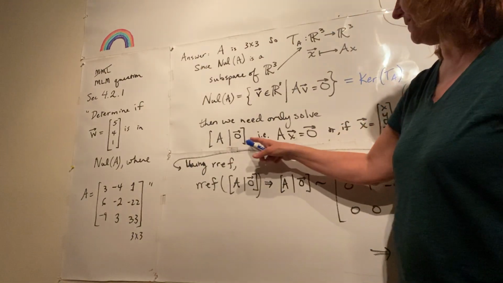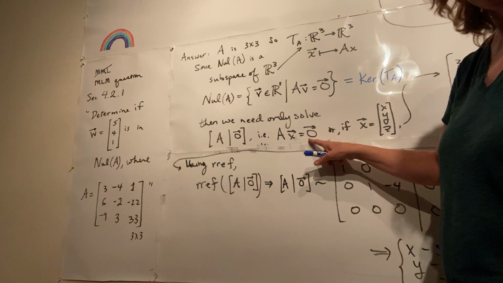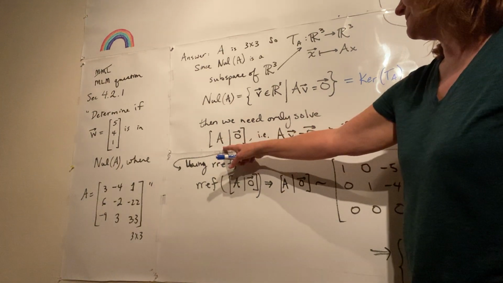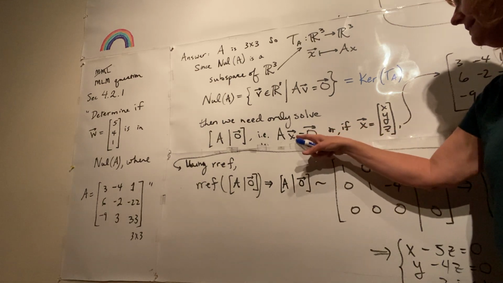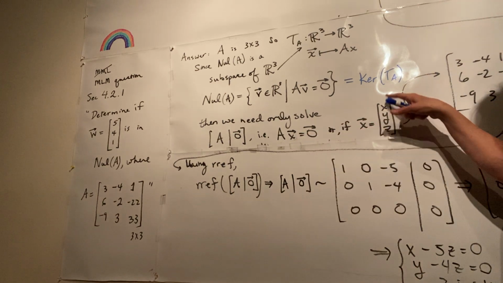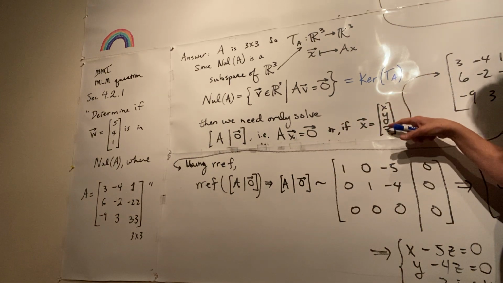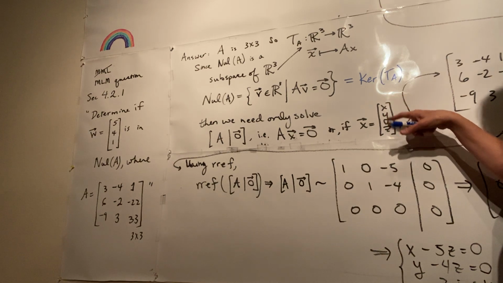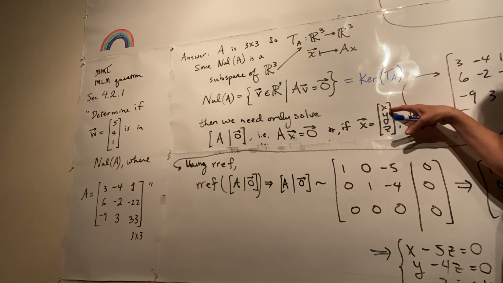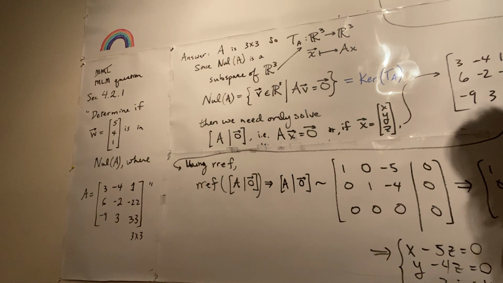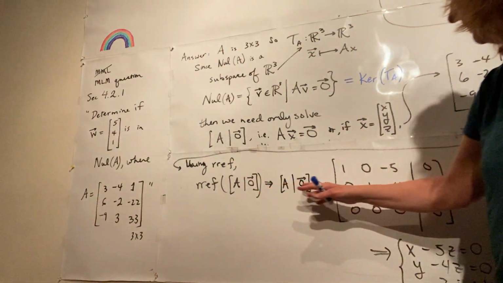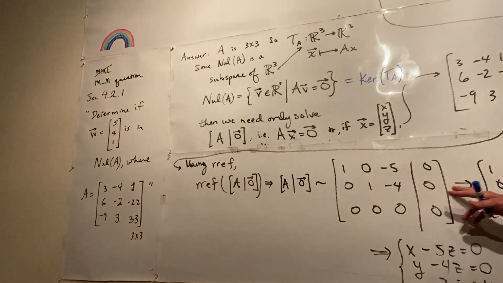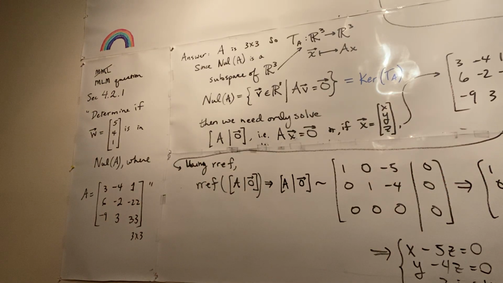Well, then we need to solve AX equal to 0, right? Or solve the associated augmented matrix. And recall again that X is some generic vector from R3 with, let's say, coordinates X, Y, and Z. So using RREF, which you have available on the graphing calculators, you would solve this and you get an answer like this.